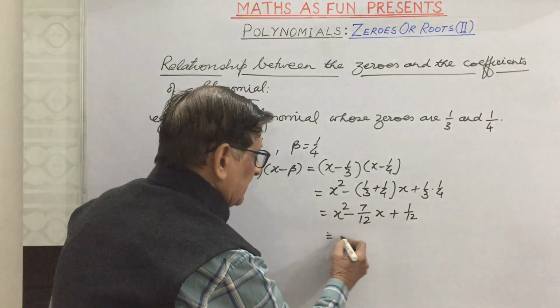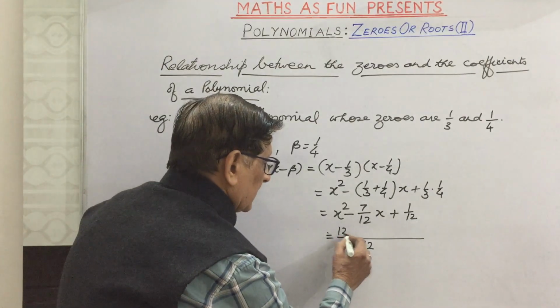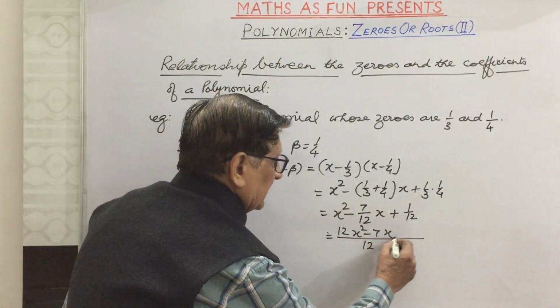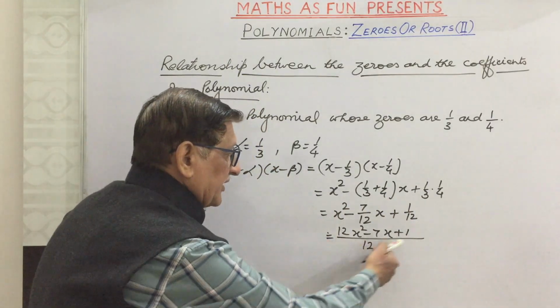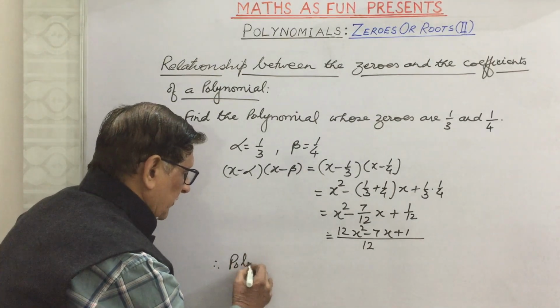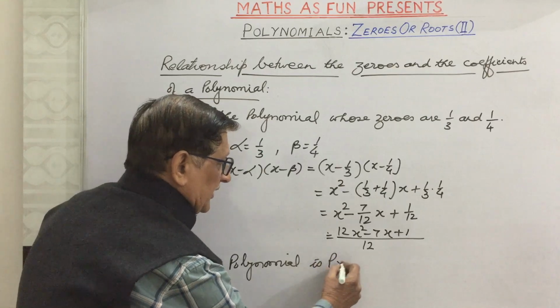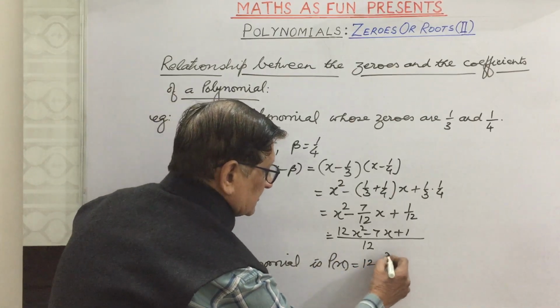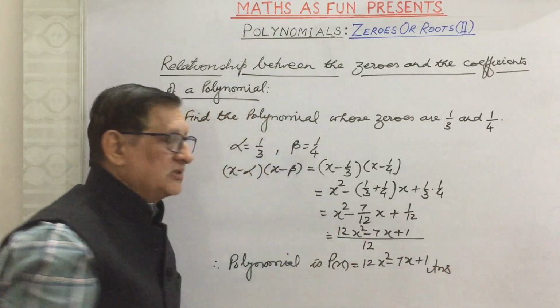We take the LCM in such case, that is 12, and we find 12x square minus 7x plus 1. So we can write that the numerator of this part is the polynomial. Therefore, the polynomial is p(x) equal to 12x square minus 7x plus 1, and this is the answer.